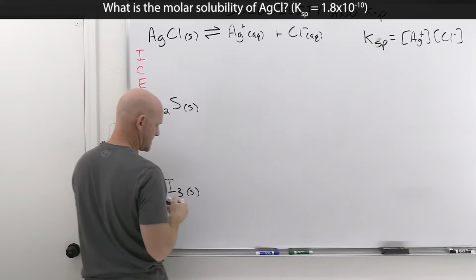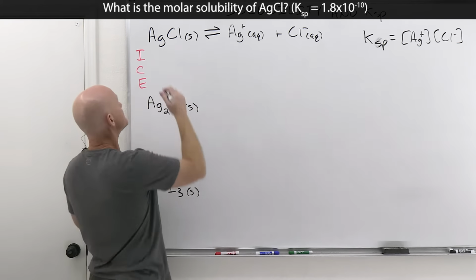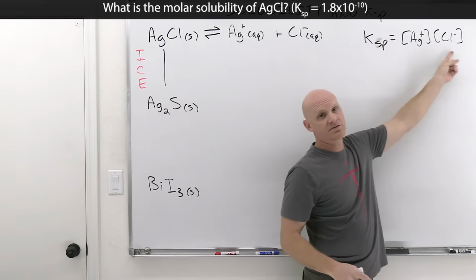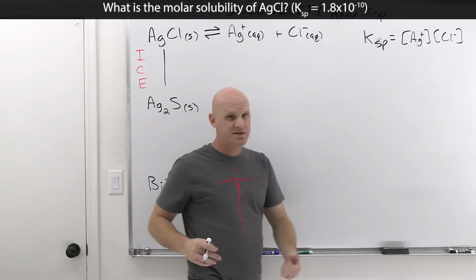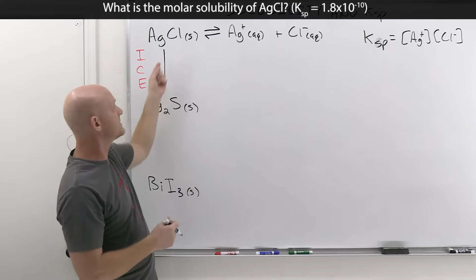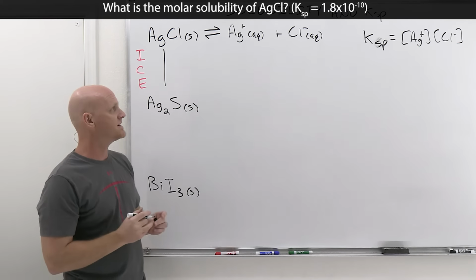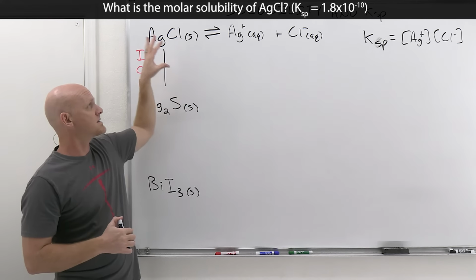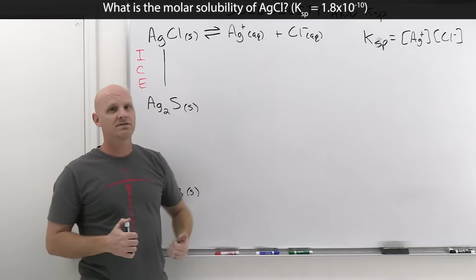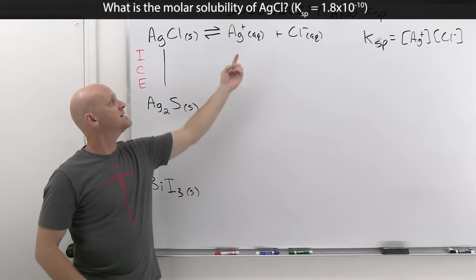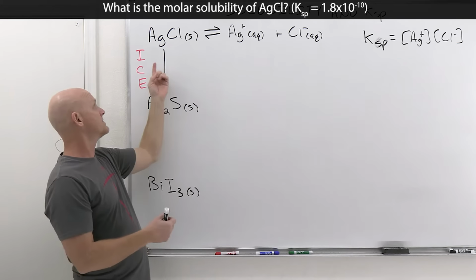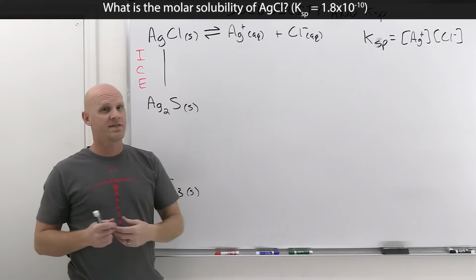Normally I'd say there's no point in setting this up for the solid, because we don't need to know anything about the amount of solid according to the Ksp expression anyway. It doesn't appear there. So there's no point in filling this in, but we're going to go back and change that in just a little bit for one specific reason. But before AgCl dissociates, my question for you is: how much Ag+ and how much Cl- should there be in pure water before any AgCl dissociates in that water?